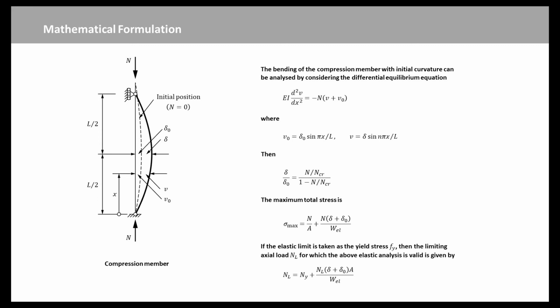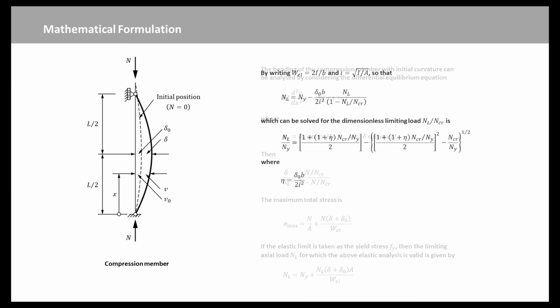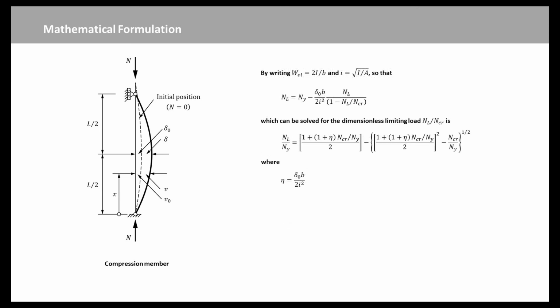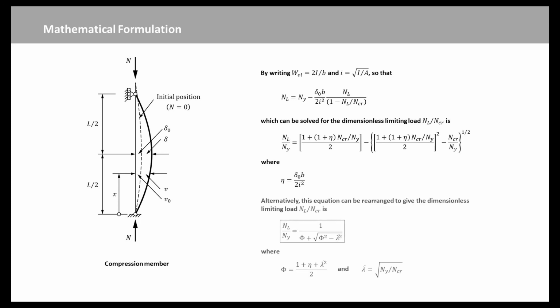If the elastic limit is taken as the yield stress Fy, then the limiting axial load NL for which the above elastic analysis is valid is given by this equation. By writing WEL equal to 2I over b, in which b is the member width, this equation becomes a new equation, which can be solved for the dimensionless limiting load NL over NY as this equation.